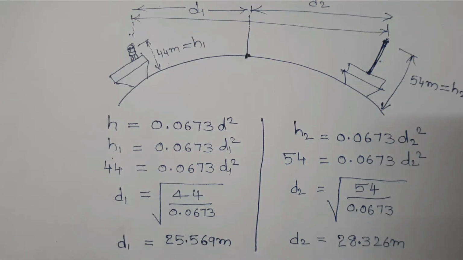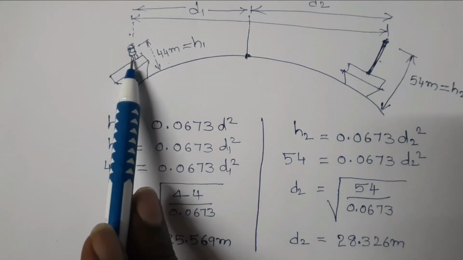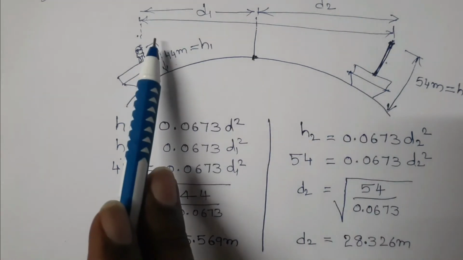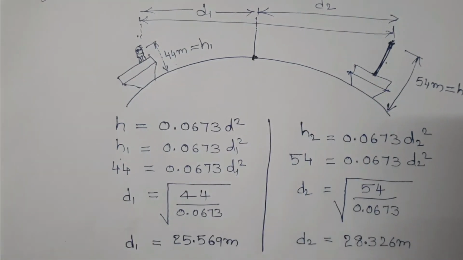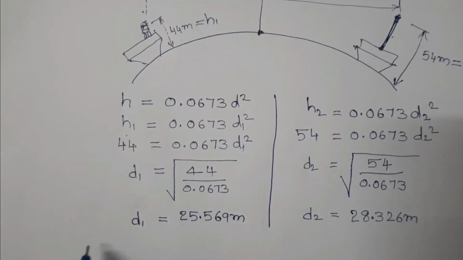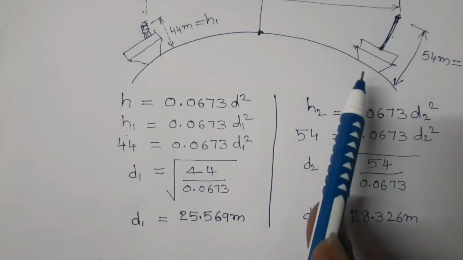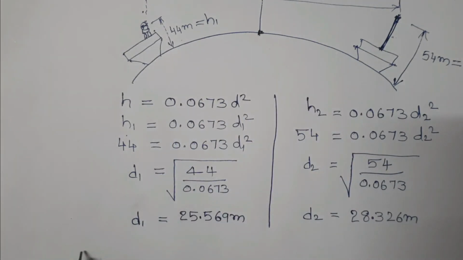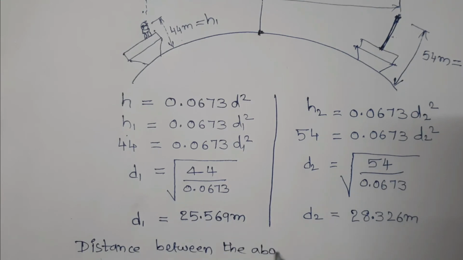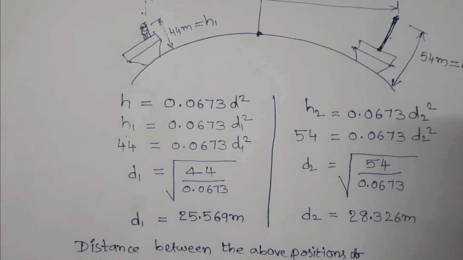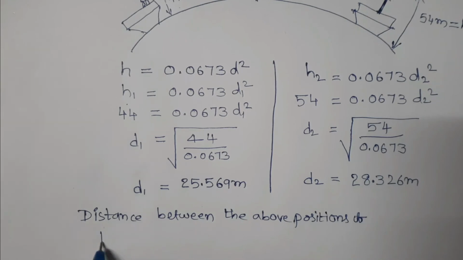What is to be calculated? Distance from this position to this position. That is equal to d1 plus d2. Distance between the positions of the two ships.